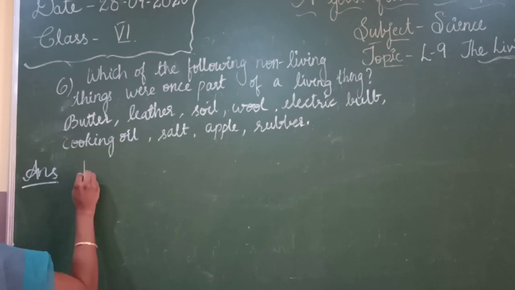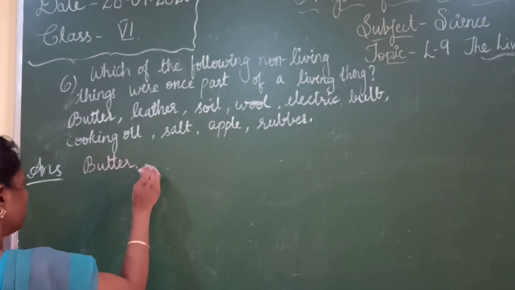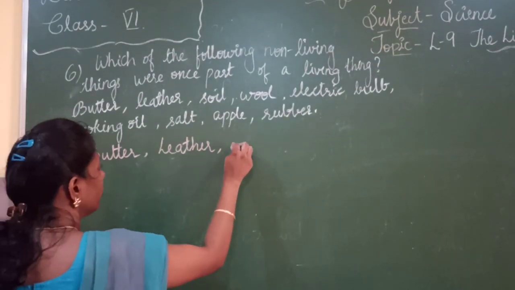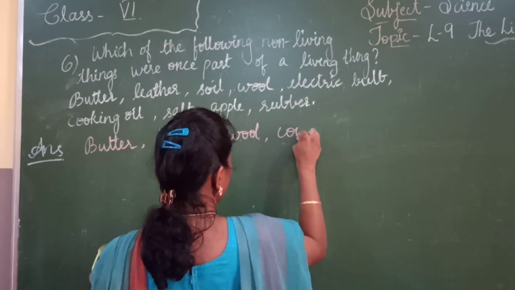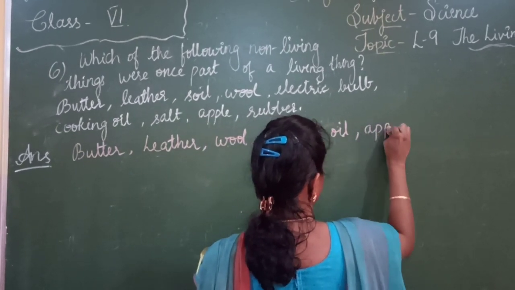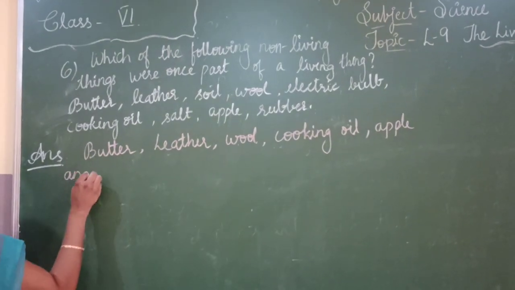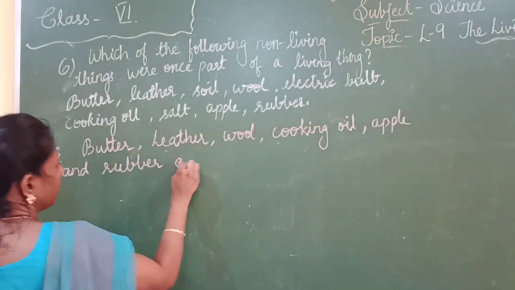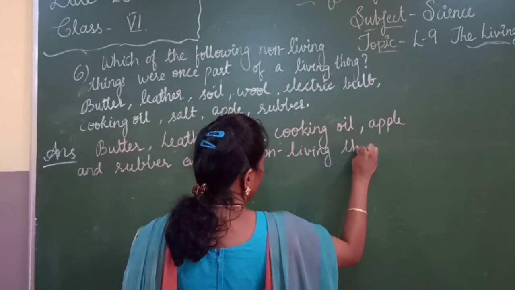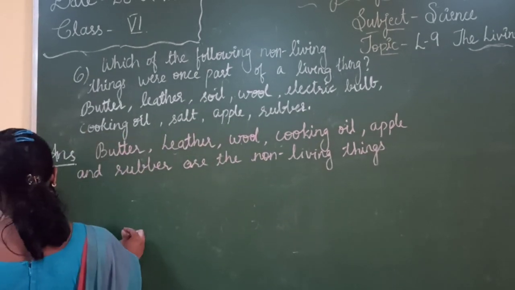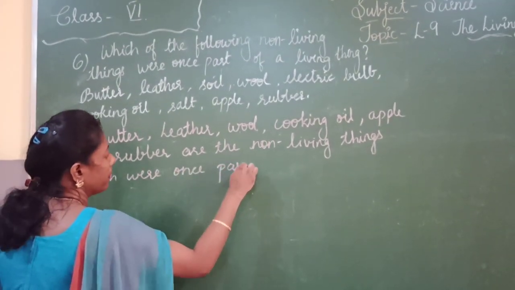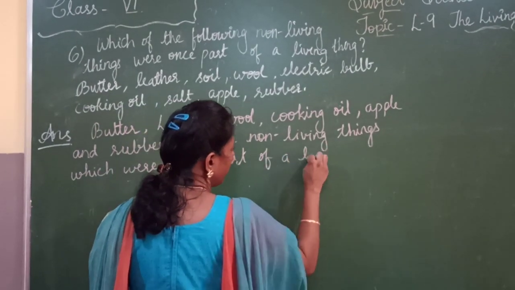Butter, leather, wool, cooking oil, apple and rubber are the non-living things which were once part of a living thing.